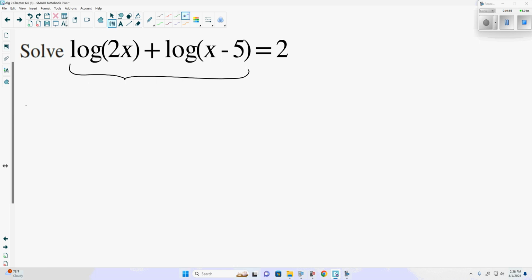Now, the next thing we're going to do is use one of our properties of logarithms. It's our product property, which states that log base b of m plus log base b of n is equal to log base b of m times n. If we have two logs with the same base being added together, we can rewrite them as a single log with what's inside being multiplied.